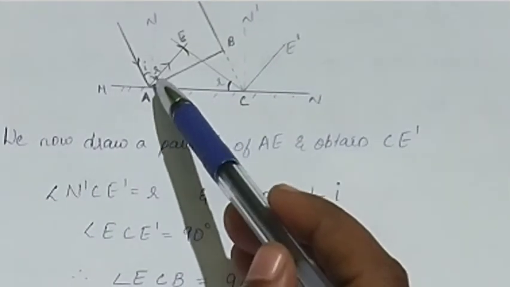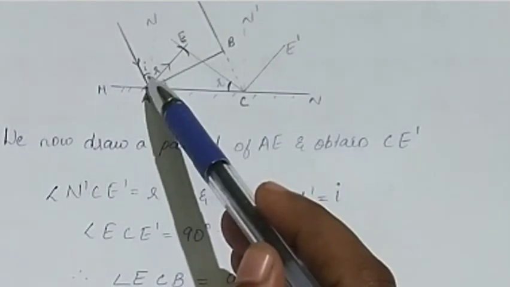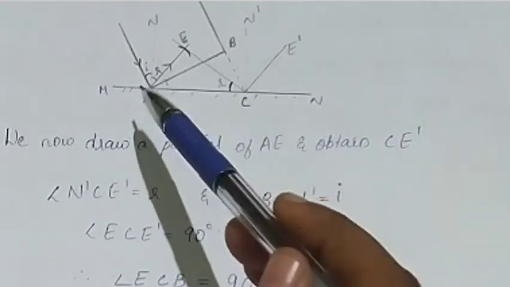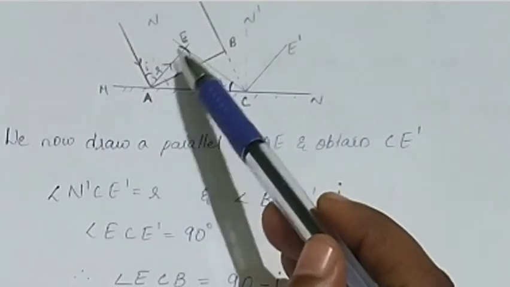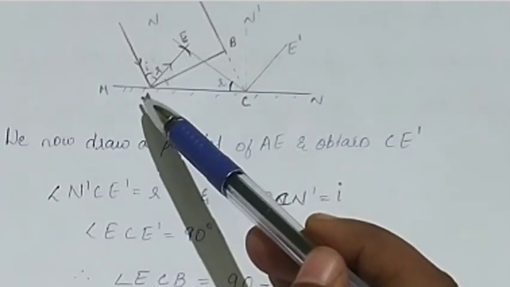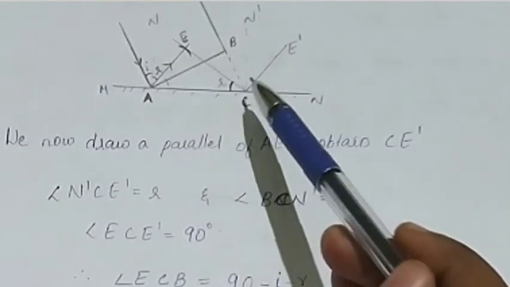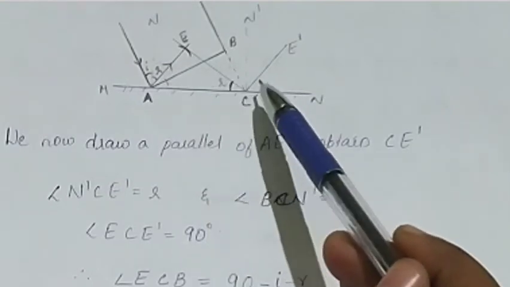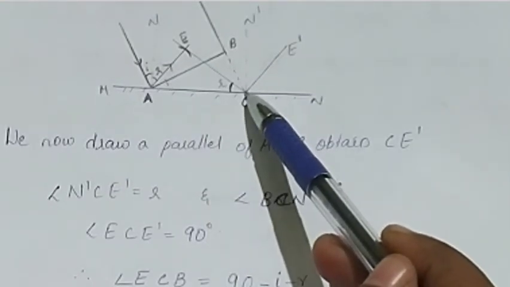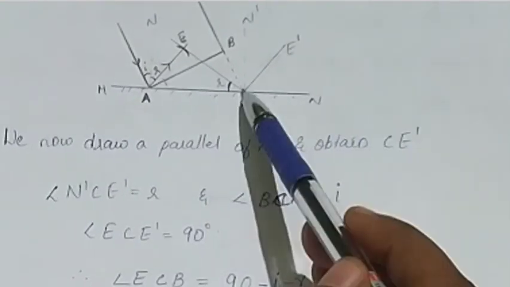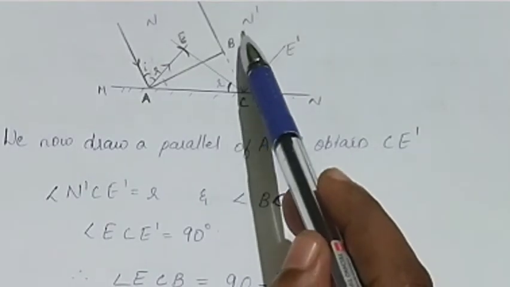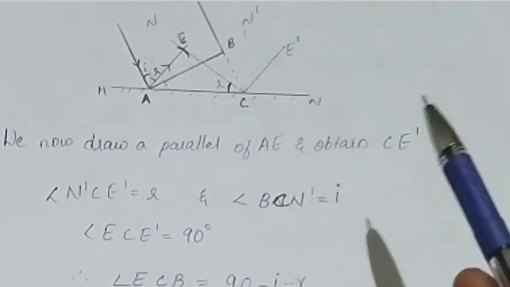For that, we draw a parallel line to AE at C. We know that AE is the reflected side and it is of length V tau, and we draw a parallel to that and represent it as CE dash. Now the normal at this point is taken as N dash.